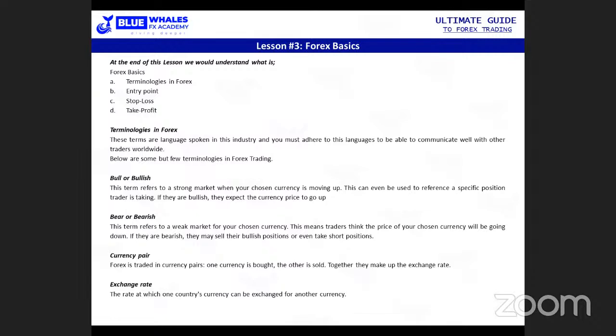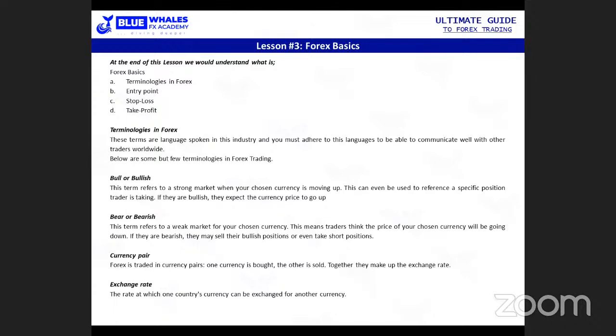Let's say cedi to dollar is 12.30 cedis per dollar. So if I need $100, it means I have to use 1,230 Ghana cedis, and then they will give me $100. You understand now? It's simple. If you don't understand, just rewind the video.